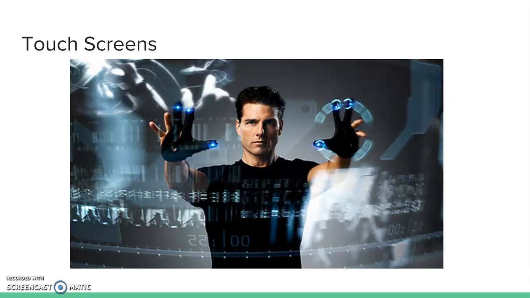Now, touch screens vary across different forms of tech. Some use a form of light capture, like if it detects light being refracted in different ways, then it'll input data.